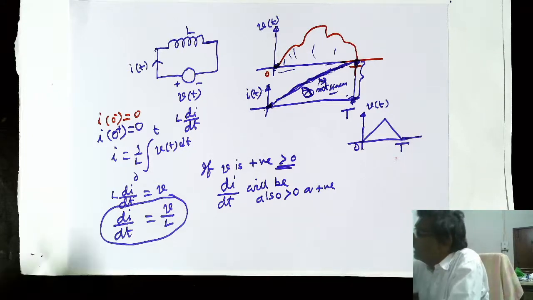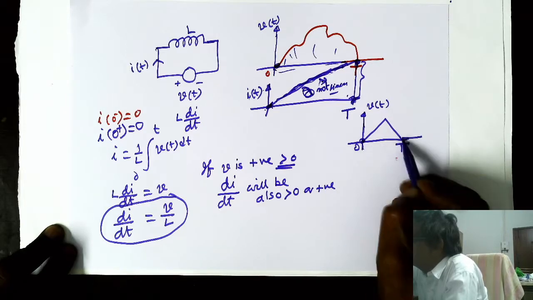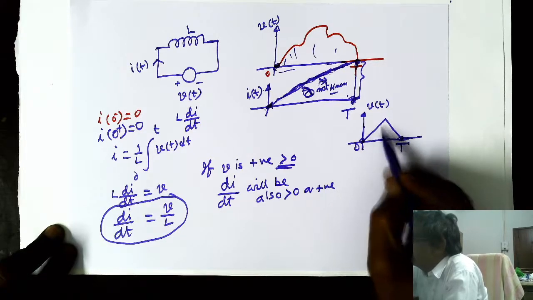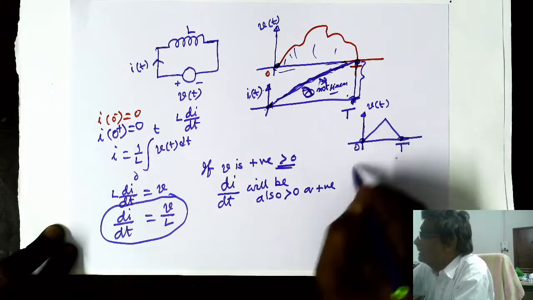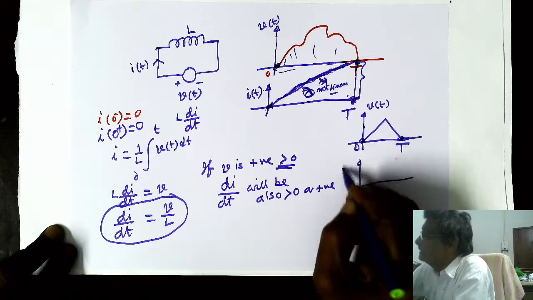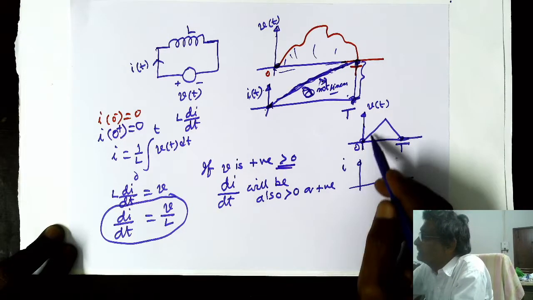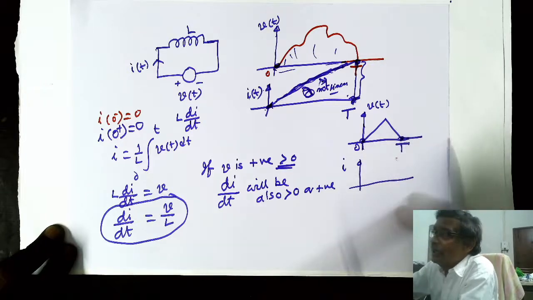Between 0 and capital T, the voltage remains always positive. What I expect the current to do is that di/dt will also have to be positive.